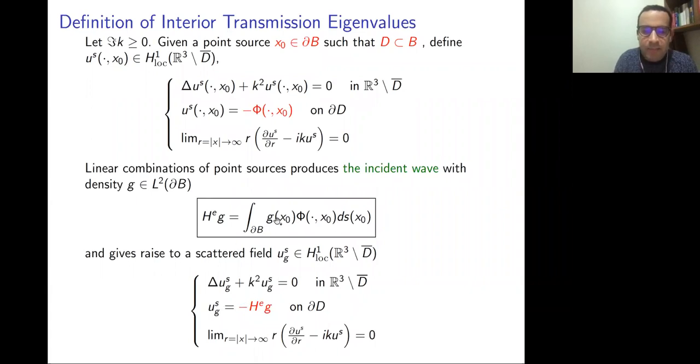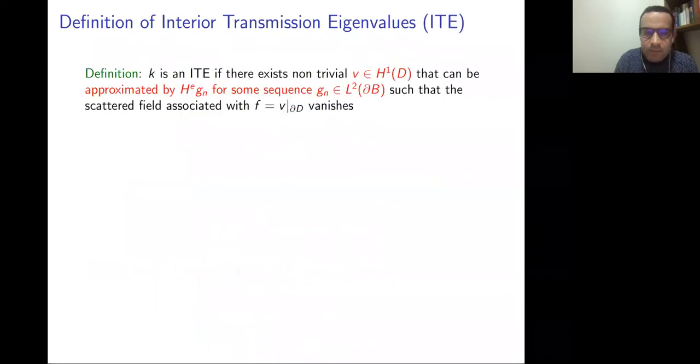I combine them with some density g, and this gives me a richer family of scattered waves, where the data is now the trace of this Herglotz-like wave. Okay, so this is a singular potential. And now I can define invisibility as occurring when I can build a sequence of densities g for which the scattered wave goes to zero.